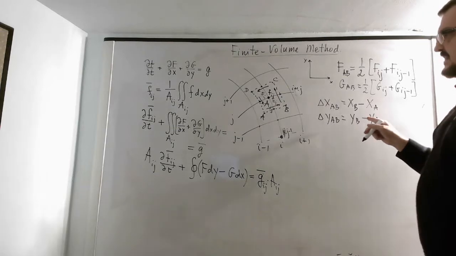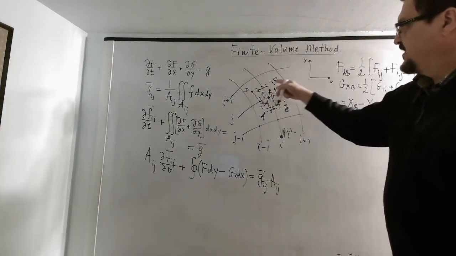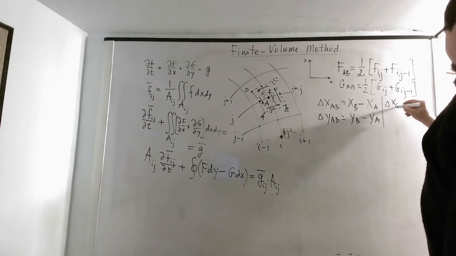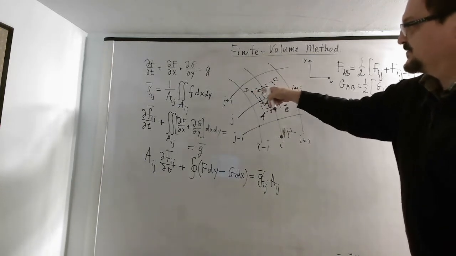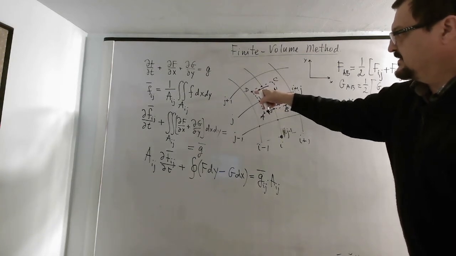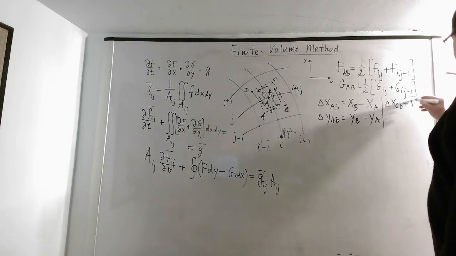So again, it's very important. For example, delta X along direction CD equals this minus this, because you see, in this direction you take the downstream value minus the upstream value. So it's XD minus XC.